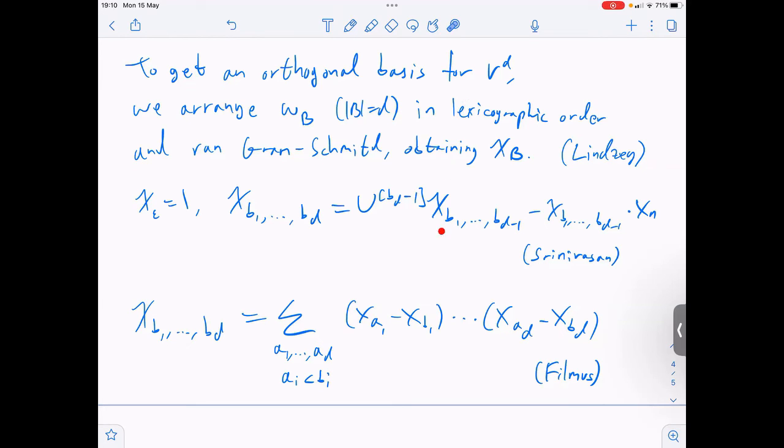Now, why did all of these constructions get the same basis? So one explanation is this basis is actually a canonical basis.